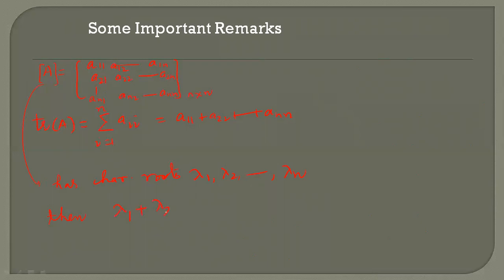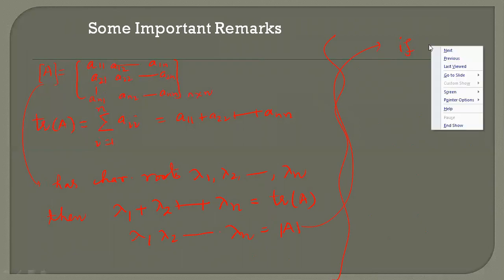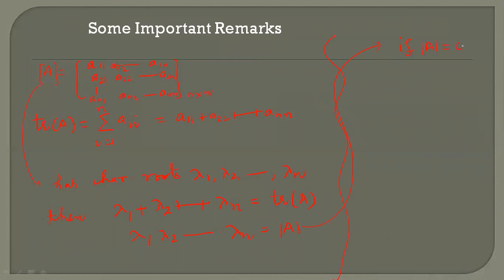The first result is that the sum of eigenvalues is equal to the trace of matrix A, and the product of the eigenvalues is equal to the determinant of matrix A. Here we can make a result: if determinant A is equal to 0, meaning the matrix is singular, then lambda 1 into lambda 2 into lambda n equal to 0.